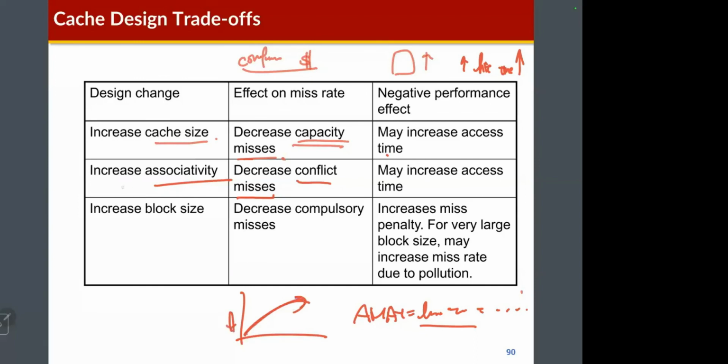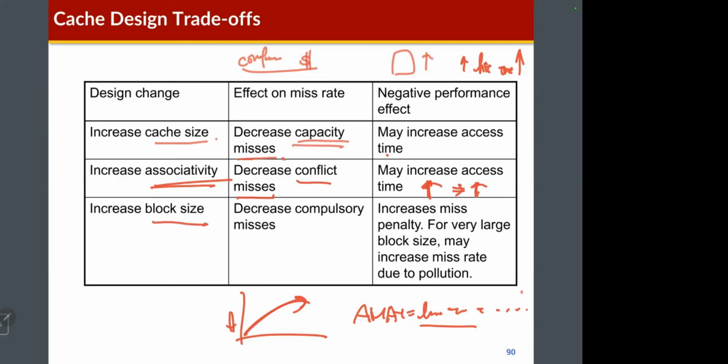So we can reduce the conflict misses. But there is also a negative impact: the cost can be increased, and the access latency can also be increased.